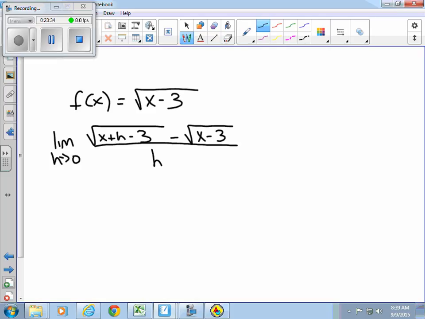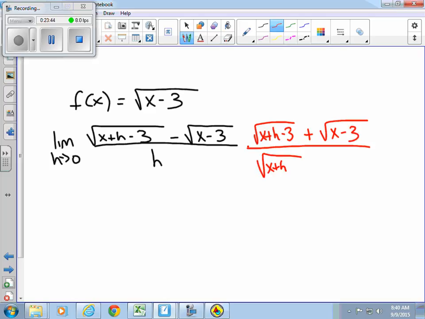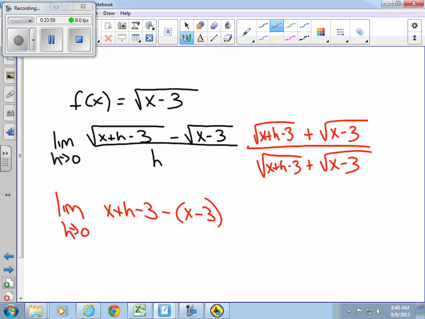I have to multiply by the conjugate. I get the limit as h approaches 0 of x plus h minus 3 minus x minus 3. Don't forget your parentheses on that. And on the bottom, I'm going to leave it factored.